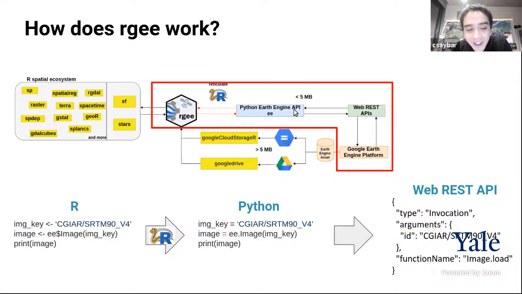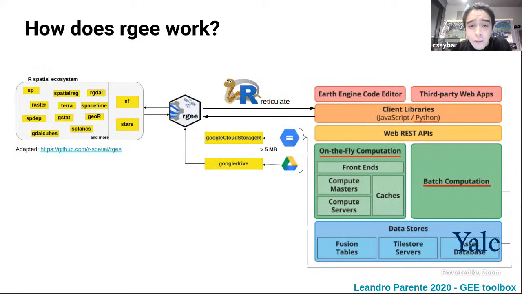The idea here is we use reticulate, an R package that permits you to embed a Python session into an R session. We use reticulate to transform R code into Python code. This is the previous step that I mentioned, and after that, it just follows the same path. This is the full overview of how rGEE works.